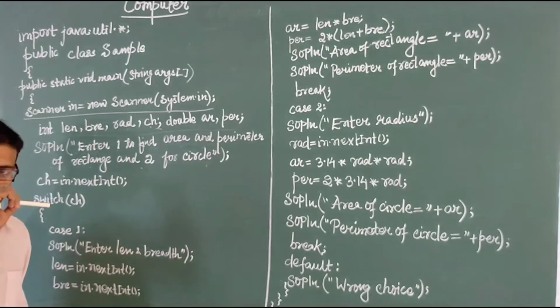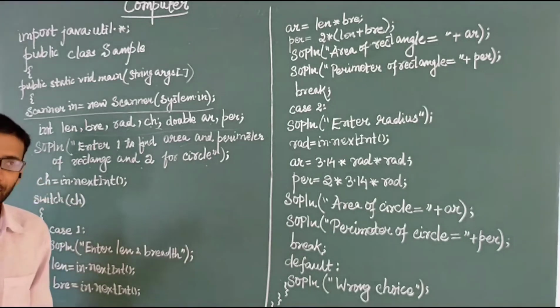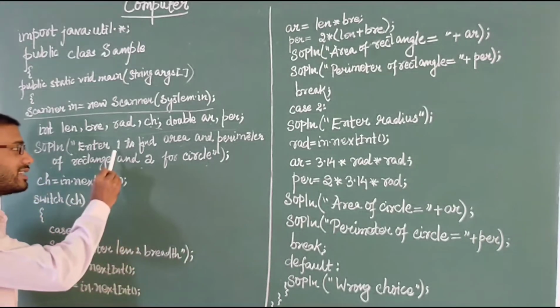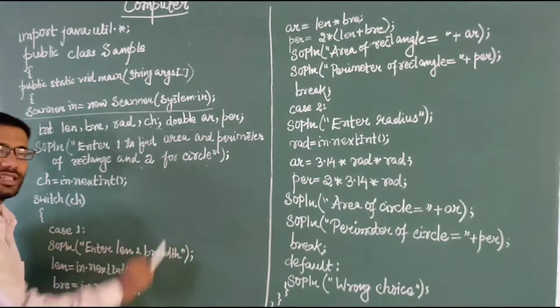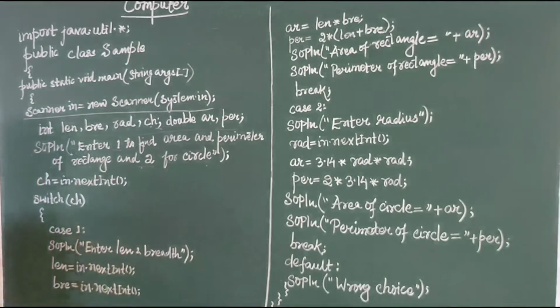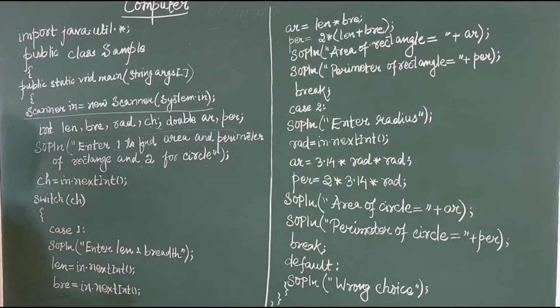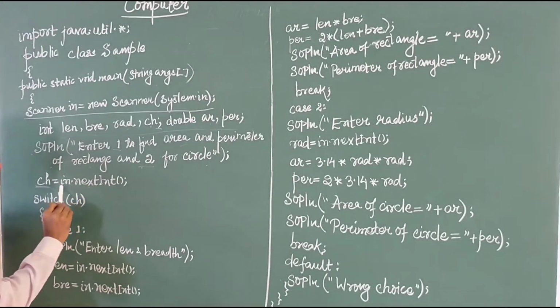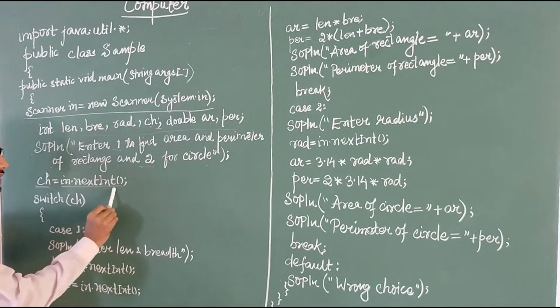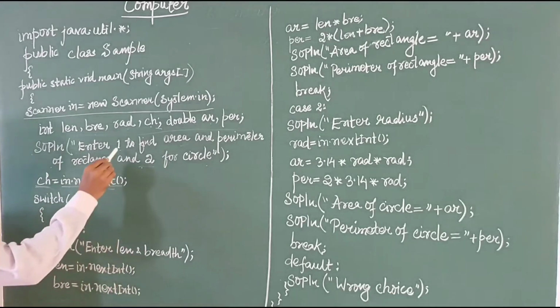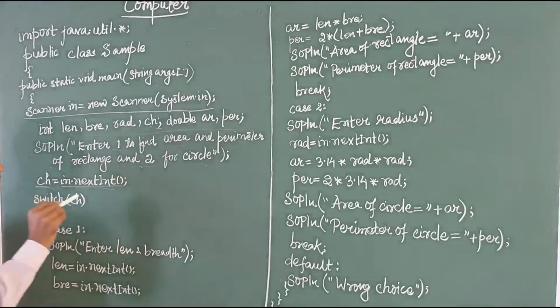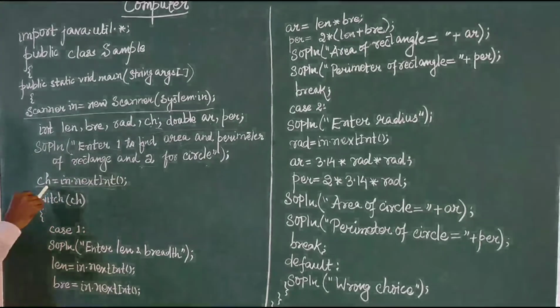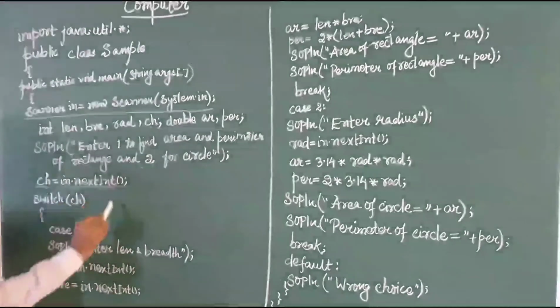If he or she knows English, they will come to know that they are supposed to enter either 1 or 2. Now this ch will contain the value fed by this function. As soon as the user feeds any value, it will be stored inside ch, all because of this function, that is n.nextInt.